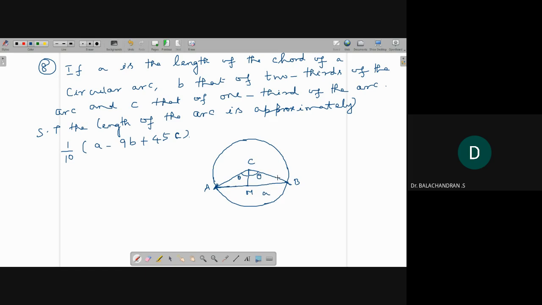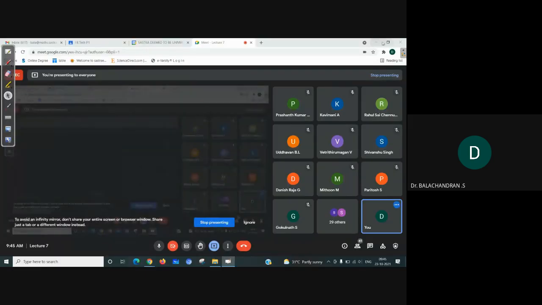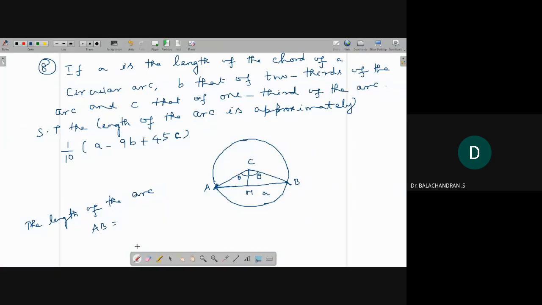Now, the length of the arc. What is the length of the arc AB? Anybody? Sir, 2 pi r. No, Kavindi, it's okay, no problem, at least you gave some answer. The length of the arc is equal to R into, R into 2 theta.